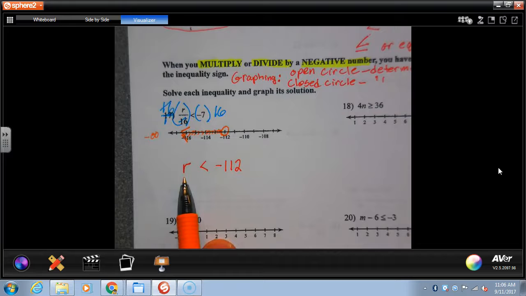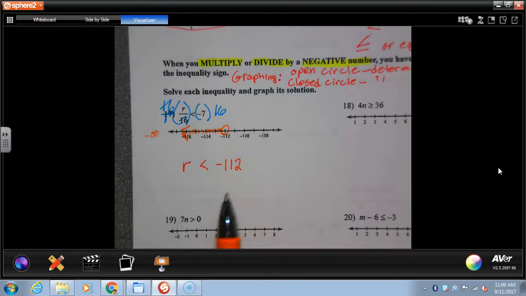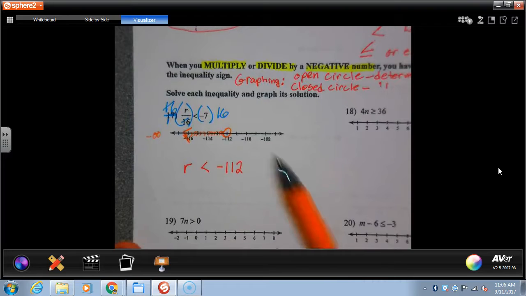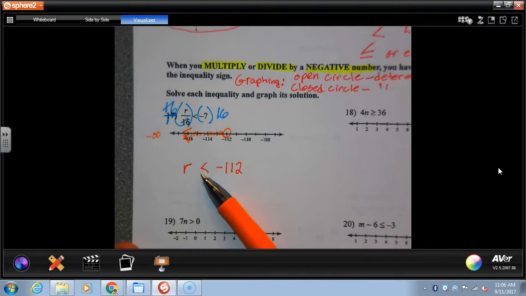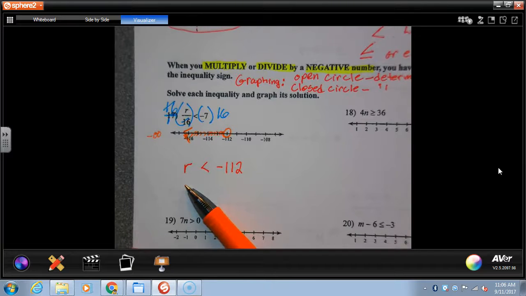Now, yes, that is one way to think about this. You shade in the direction of that arrow. Here's the kicker though: as long as that variable is on the left-hand side.